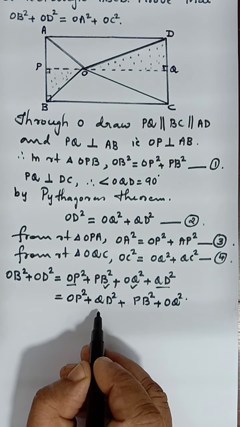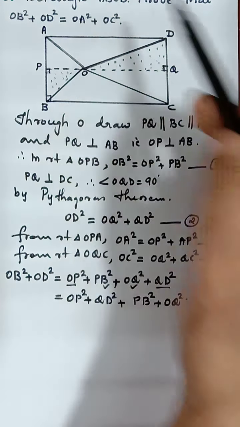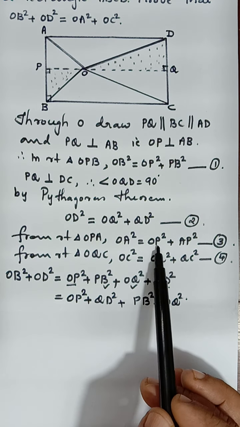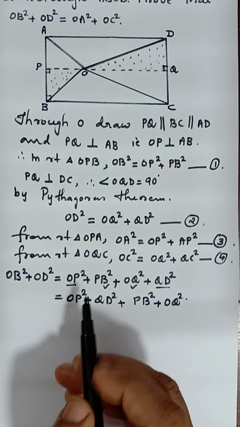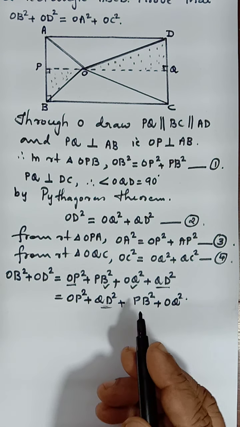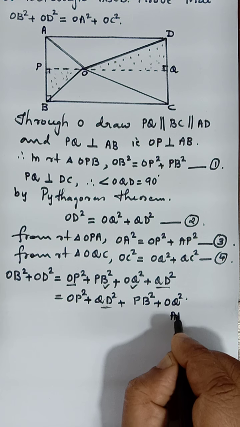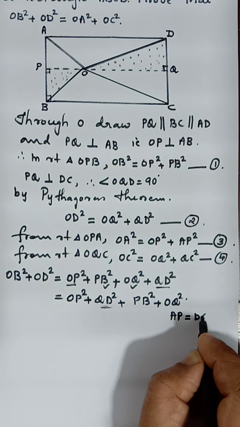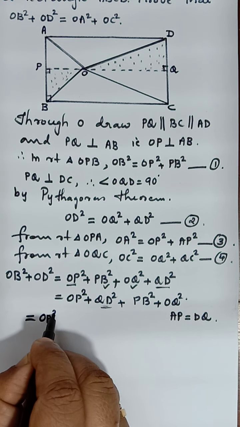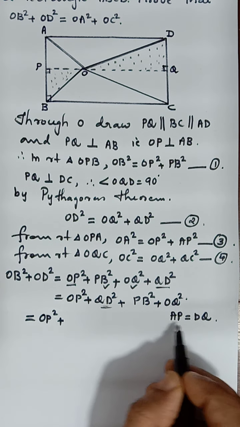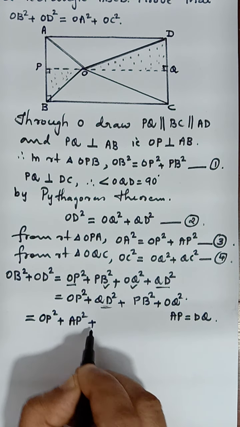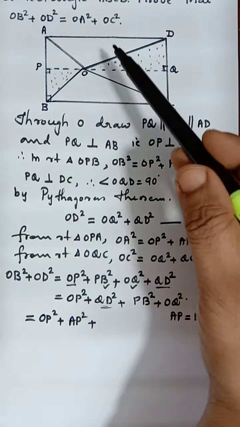And this we have to rewrite in order to get OA square. AP square is the same as DQ square, since AP equals DQ. Therefore, OP square plus AP square gives us OA square.